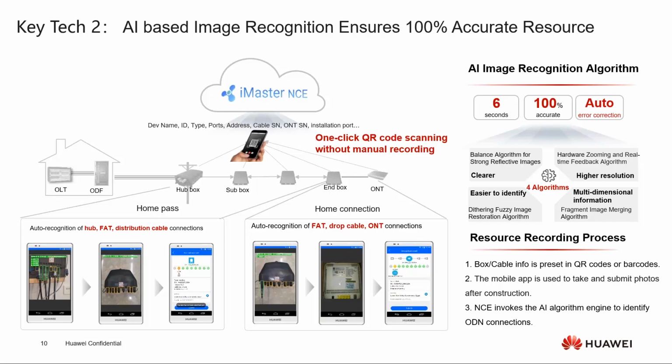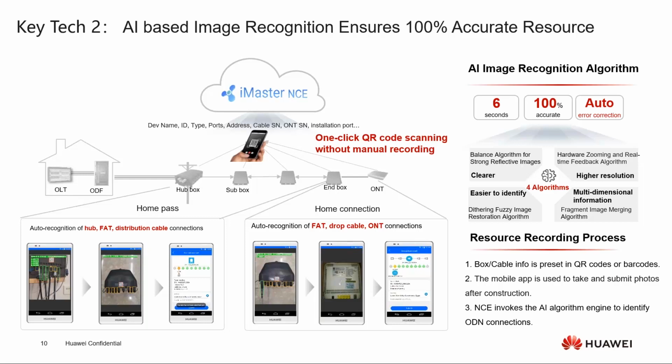This page shows that AI-based image recognition can realize 100% accurate resource management. We will use the mobile application to scan the QR code and the barcode without manual coding when deploying FAT and cables.